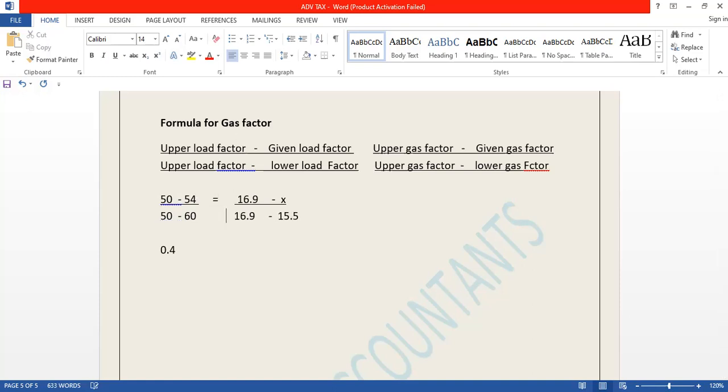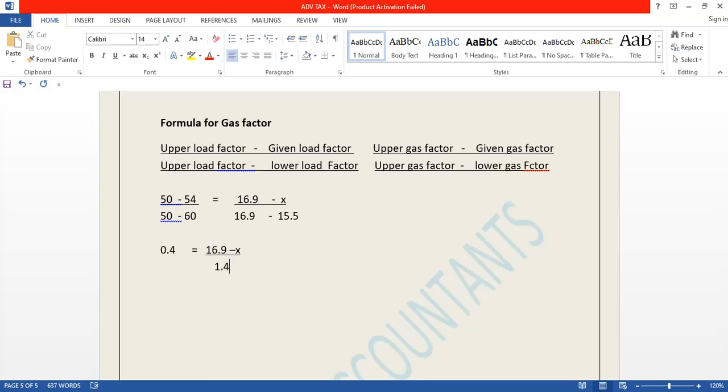The second one is 16.9 minus 15.5. What do we get? 1.4. So this one will still remain 16.9 minus x. Then everything will be divided by 1.4. Okay, thank you.